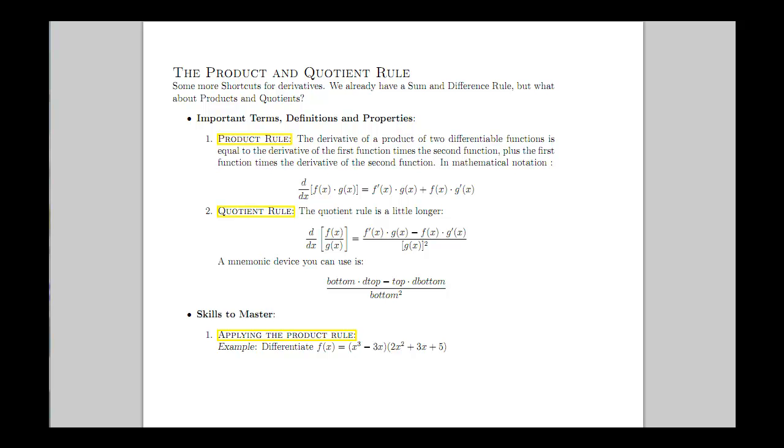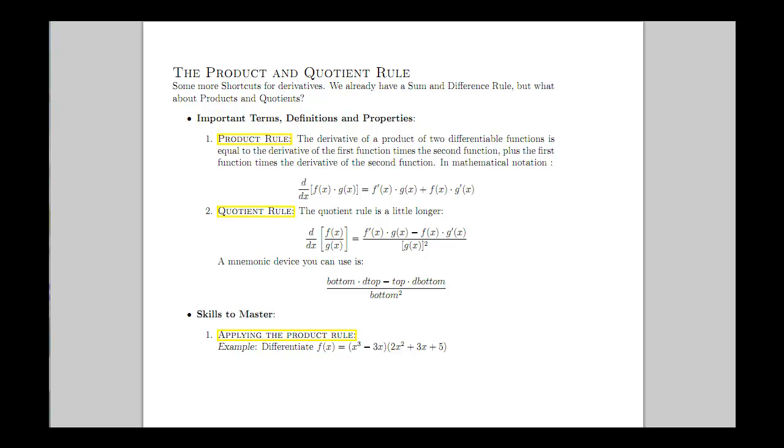Now, that seems to be sort of a long, convoluted formula to remember, so there's a little mnemonic device you can use. In my face-to-face class, I have the students actually chant this. We close the door so we don't disturb any other classes or nobody looks at us like we're weird, but we actually chant the following several times. Bottom d top minus top d bottom over bottom squared.